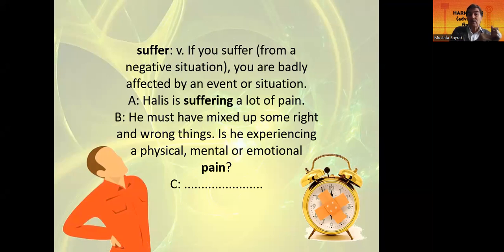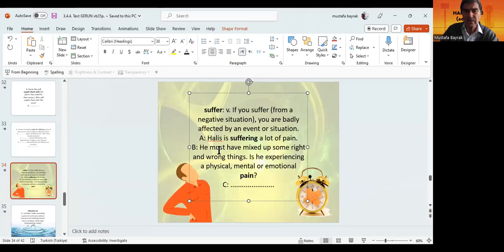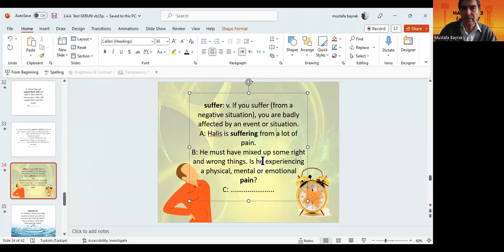He is experiencing, for the time being, a physical pain, not a mental or emotional pain. Okay, suffer from. Halit is suffering from a lot of pain. Let's put from here. Yes, I am sure about it. I think it's okay now.